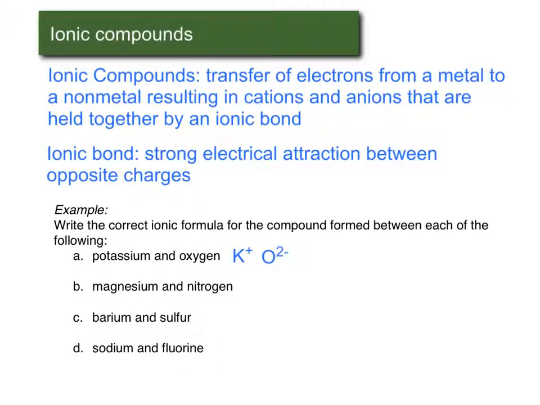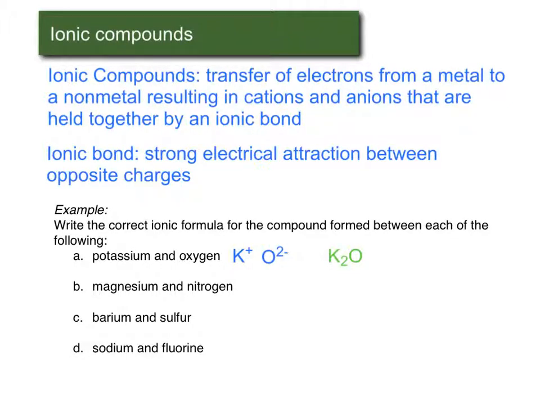If we just use one of each, we would have a negative charge left over. So in order to satisfy that -2 for the oxygen, we need 2 potassiums to balance out that charge. So our formula for potassium and oxygen is K2O. That tells us that we need 2 potassiums, which both have a +1 charge, and 1 oxide ion, in order to get a neutral salt crystal.